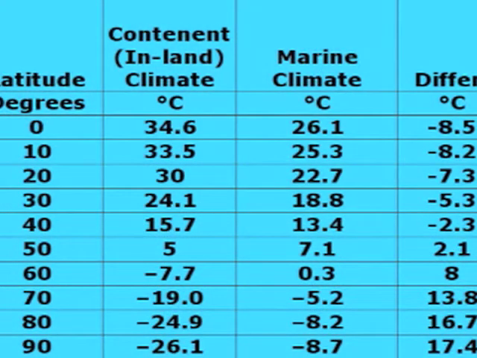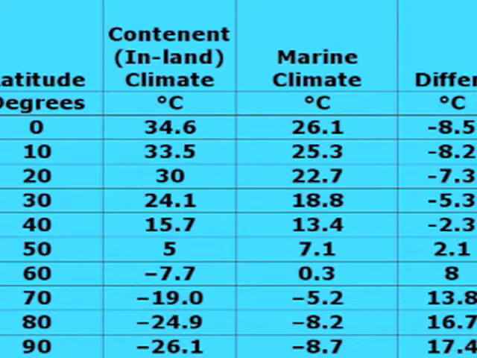A chart which compares marine temperatures and continental or inland temperatures clearly reveals water's moderating effect. Note that at 0 degrees latitude, the equator, the average continental temperature is 34.6 degrees centigrade, but the average marine temperature is 26.1 degrees centigrade.